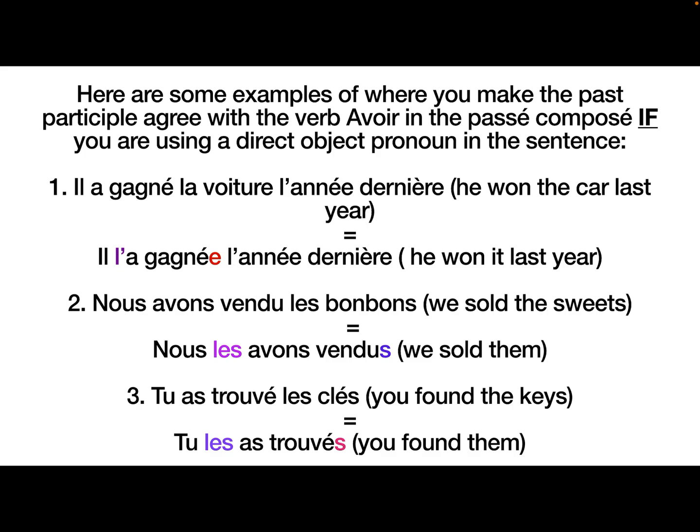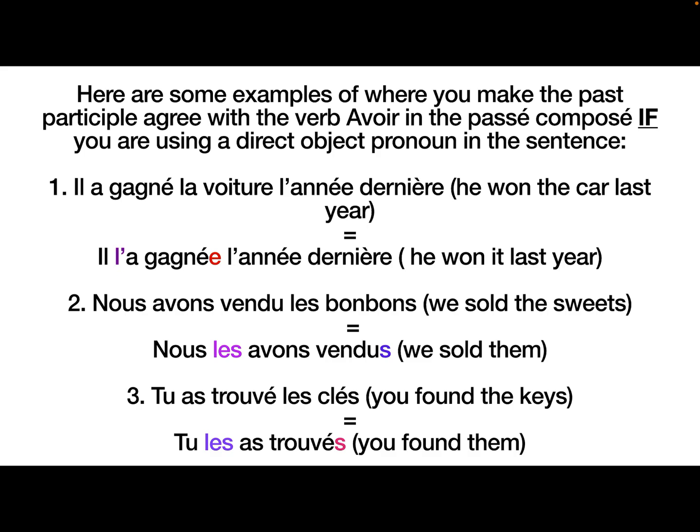So you drop les bonbons and you put les before the helping verb. So nous les avons vendus, simple. But because I put a plural direct object pronoun before my helping verb avoir, I must make the past participle agree. So we sold them, plural, add an S at the end of the past participle.